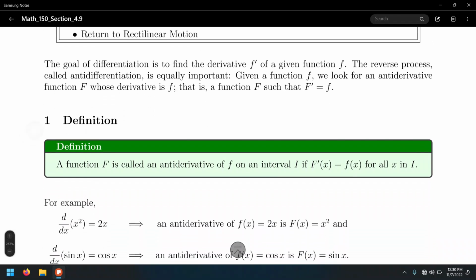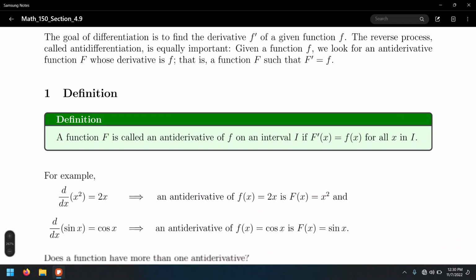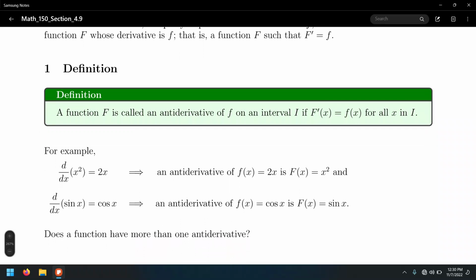We're going to find the antiderivatives, which will lead to the integrals. That's the inverse process of finding the derivative. So this is the formal definition here. A function big F is called an antiderivative of little f on an interval I if big F prime equals little f for all x in the interval I. We'll look at the intervals later. For now, let's get a visual of this.